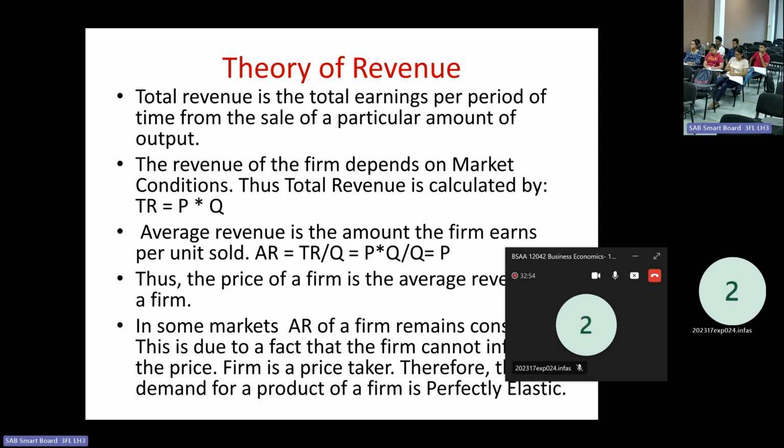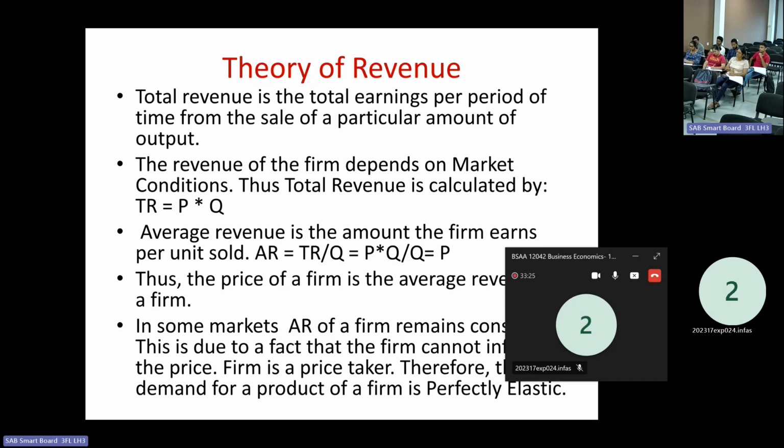Sometimes, depending on the entry of firms in the market, price may change. In some markets, price is determined by the market. In a perfectly competitive market, the price is typically determined by the demand and supply forces in the market.